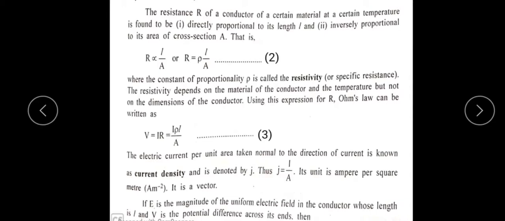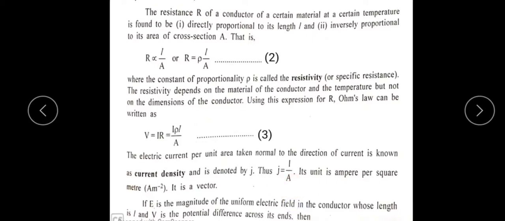The current density is defined as electric current per unit area taken normal to the direction of current. The defining equation is J is equal to I divided by A. One more time, current density is equal to electric current per unit area, taken normal to the direction of current.